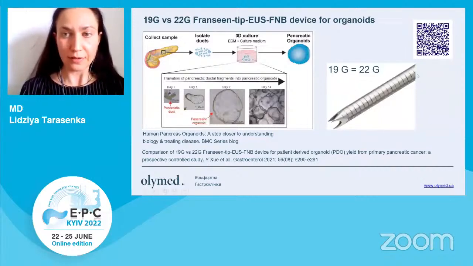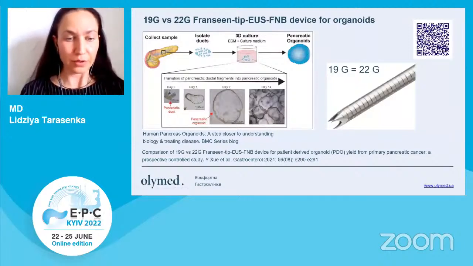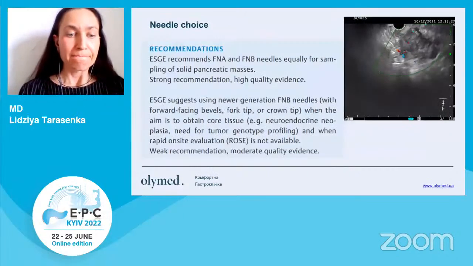For example, this study included only 20 patients, and in 13 cases, tissue was obtained after only one needle pass with this type of needle. But there was no difference for size, whether it was a 19 or a 22 gauge needle. Maybe these types of needles are more suitable for deriving tissue for organoids, but nowadays the data are really scarce.